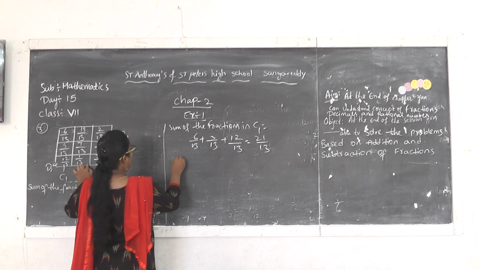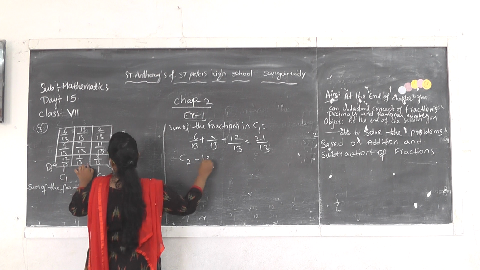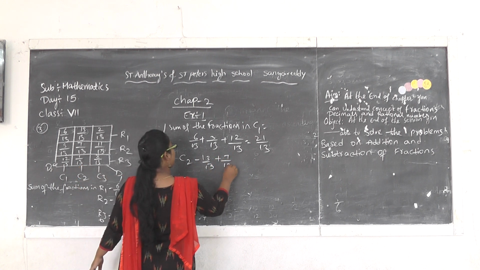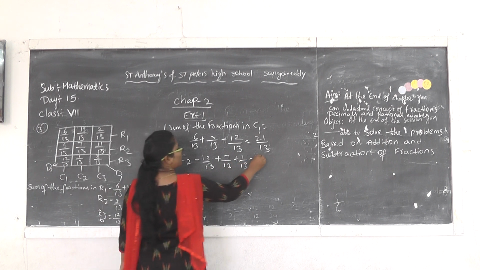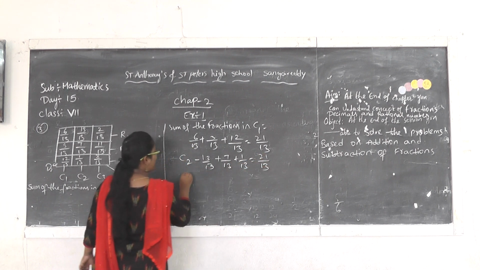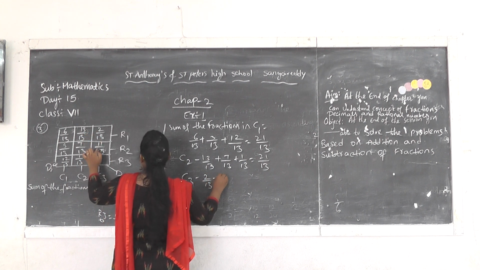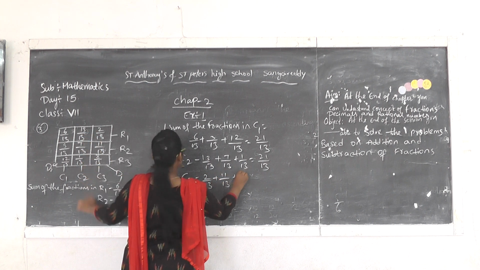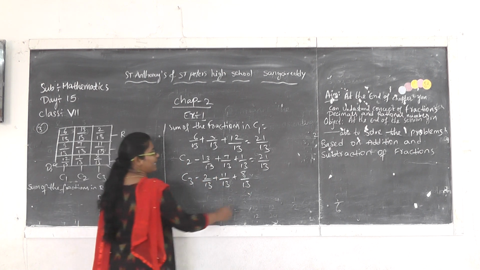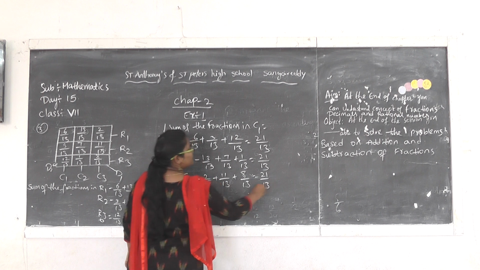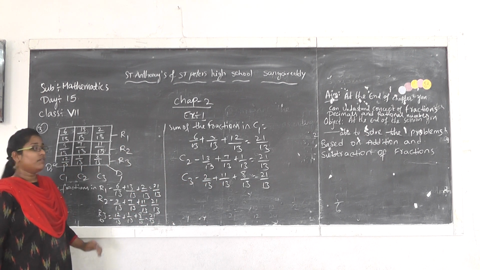Next, column 2, 13 by 13 plus 7 by 13 plus 1 by 13. 13 plus 7, 20, plus 1, 21 by 13. Column 3, 2 by 13 plus 11 by 13 plus 8 by 13. 2 plus 11, 13, 13 plus 8, 21 by 13. So here we got rows also 21 by 13, columns also 21 by 13.